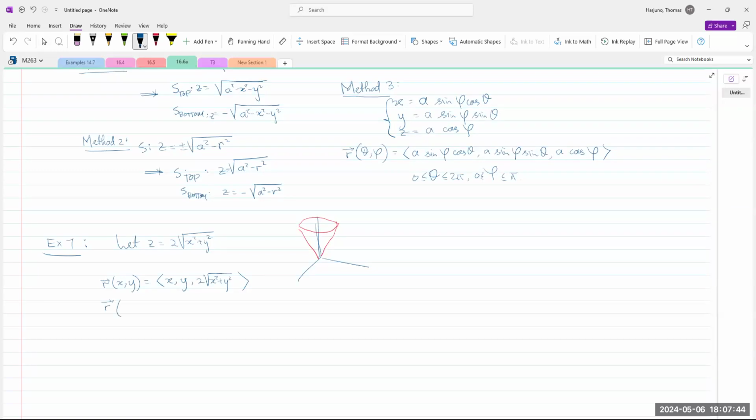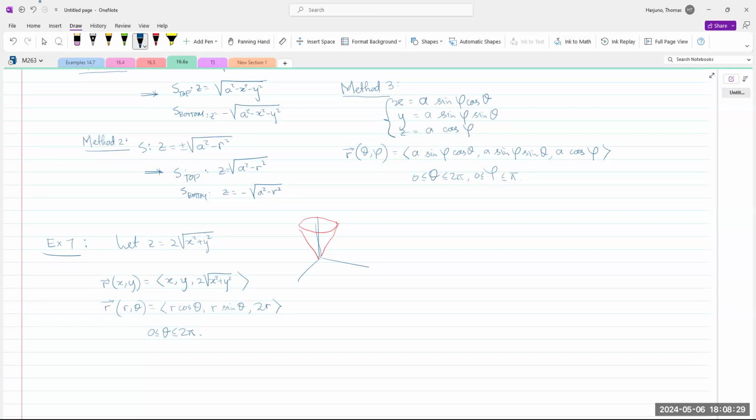So r depends on r and theta, where x is r cosine theta, y is r sine theta, and if I plug that in here, z will be 2r, where theta is from 0 to 2 pi. In other words, surface parameterization, just like curve parameterization, is not necessarily unique.